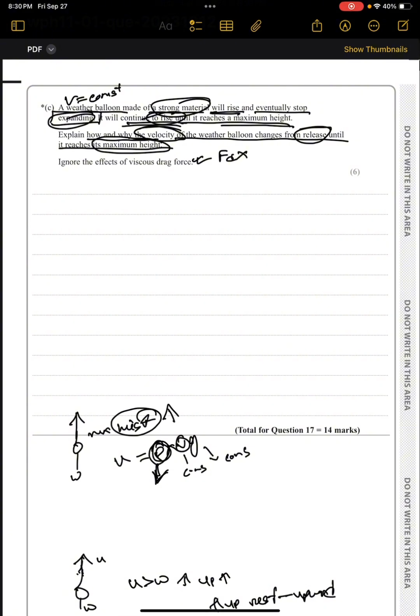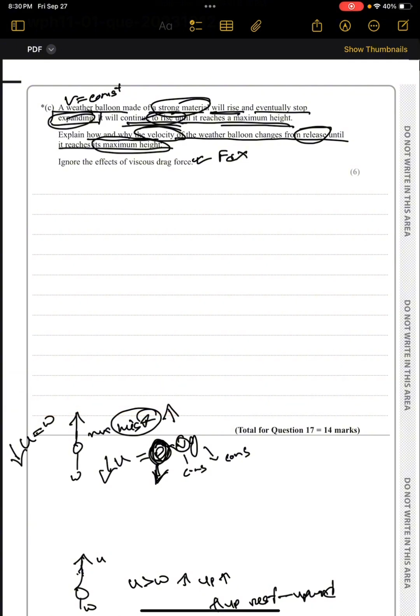We all know, as we move upward in the atmosphere, the atmospheric pressure decreases. So the density of our surroundings will also decrease. So as the surrounding density decreases, the upthrust will decrease. Here upthrust was equal to the weight, but the upthrust will start decreasing.